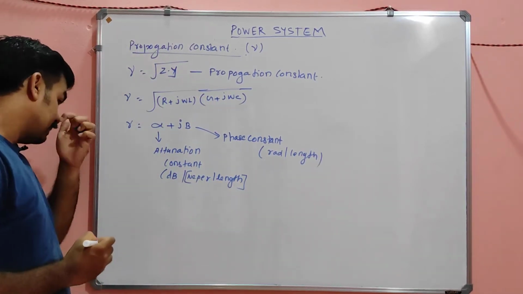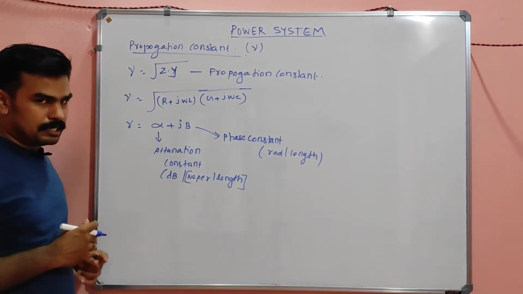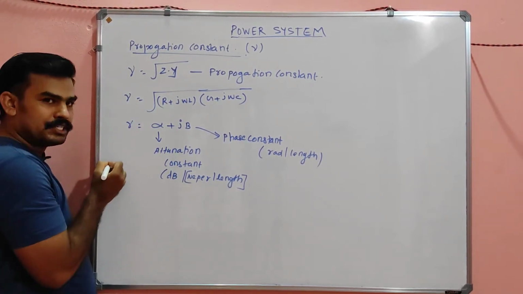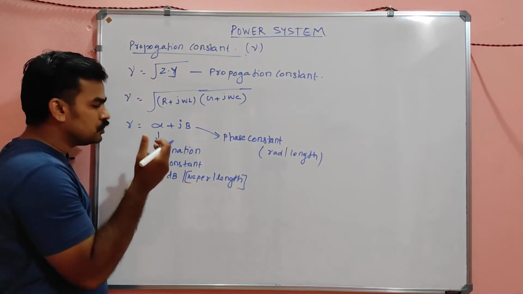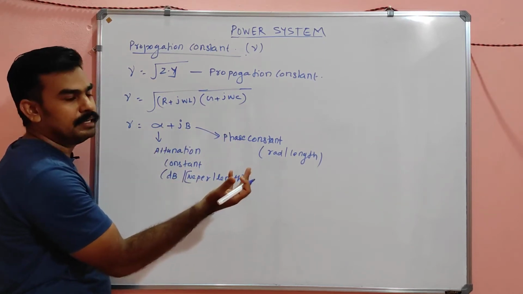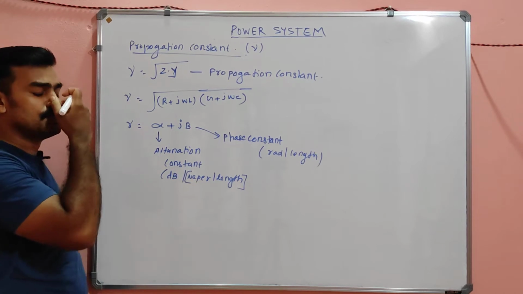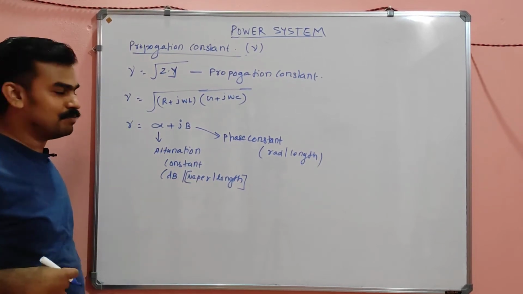The propagation constant consists of the attenuation constant plus the phase constant. It is a similar equation to what we already derived in control systems.